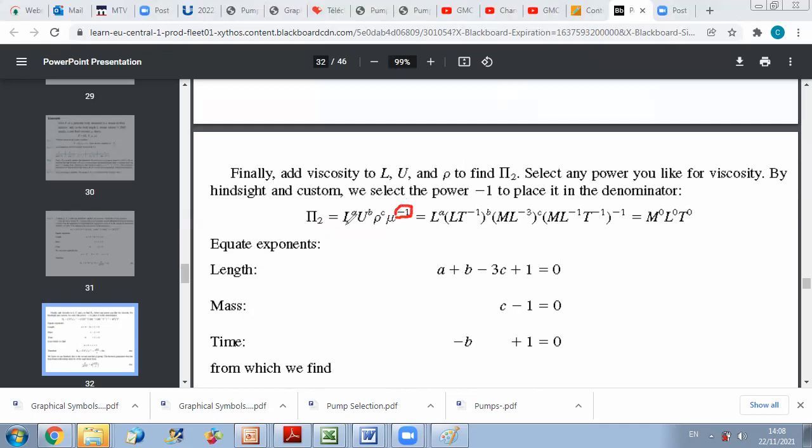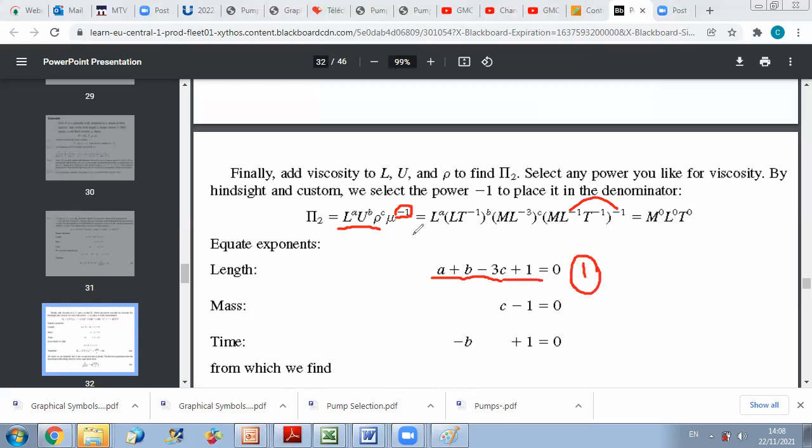So if they do this, first they expand L^A, U^B, rho^C, etc. For L, U, rho the terms stay the same, meaning A plus B minus 3. But now for mu, what is the coefficient for length? It's minus 1 minus 1 and plus 1. So this will give you equation number 1.